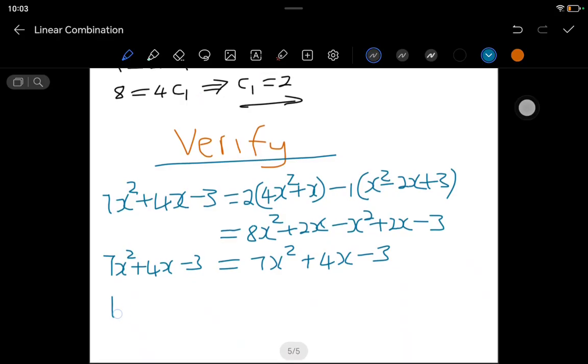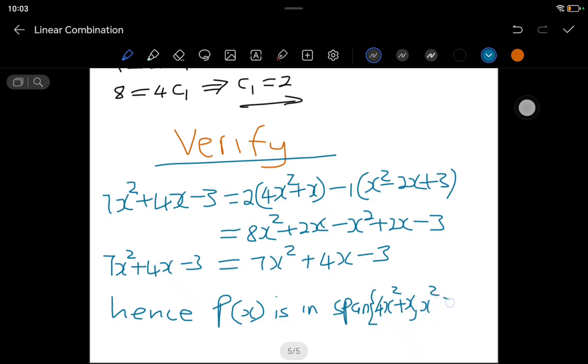Hence, px is in the span of 4x squared plus x, x squared minus 2x plus 3. You see, right?